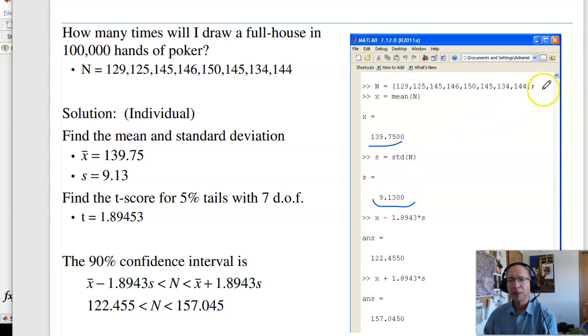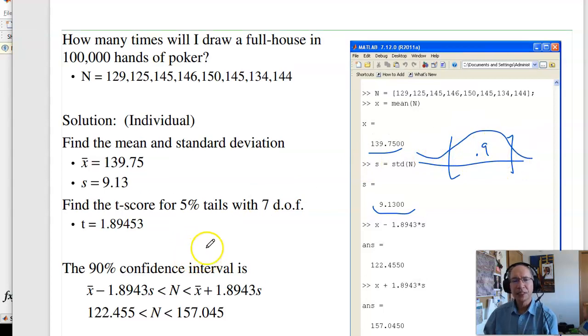If I did one more time, I want to find out what's the 90% confidence interval for what this number is going to be. Again, it's my normal distribution. I want this area to be 0.9. Then I need to go left and right so many deviations.